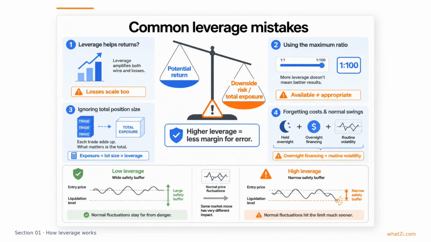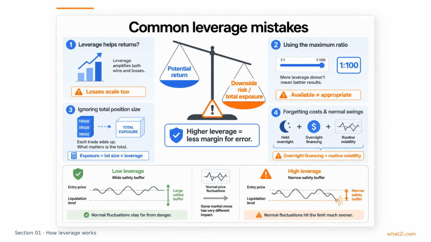The most common leverage mistakes come from looking only at the upside and ignoring total exposure. Traders often assume leverage is mainly a tool for improving returns, when in reality it scales losses just as efficiently. Another mistake is automatically using the maximum leverage a broker offers, as if availability means suitability.